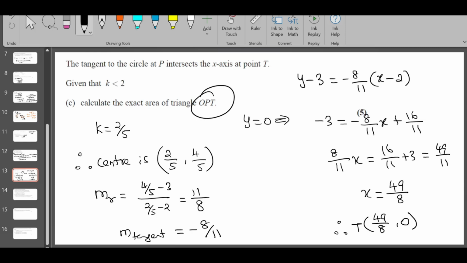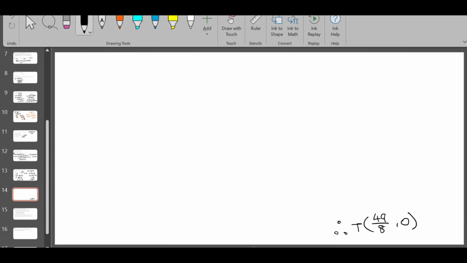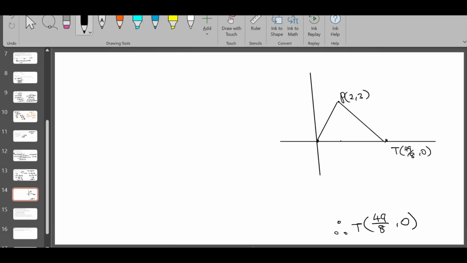We need to find the area of this triangle. To find the area, I'm going to draw a little diagram to understand the triangle. One point is 49 over 8, let's say here. Another point P is (2, 3), P here. The origin is here. We need to find the area of this triangle.